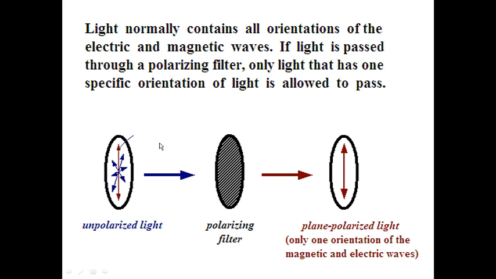But there are things called polarizing filters that, when you pass light through the polarizing filter, allow only one orientation of the light to pass through. And this is what's sometimes called the picket fence model.